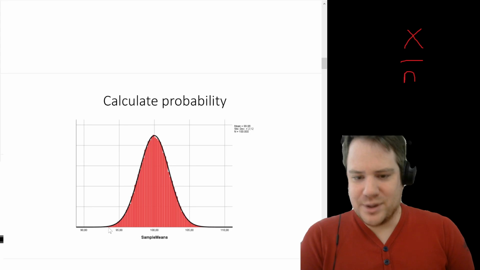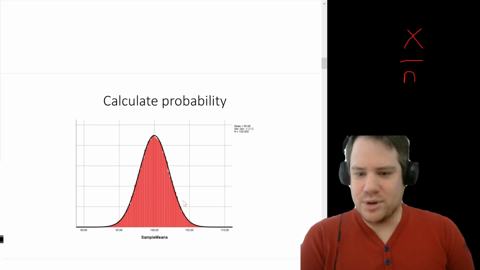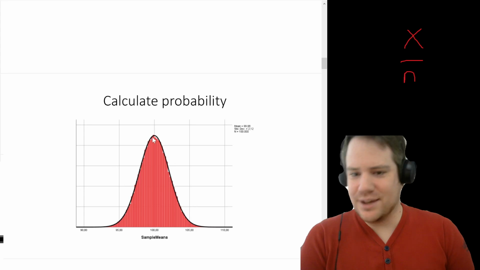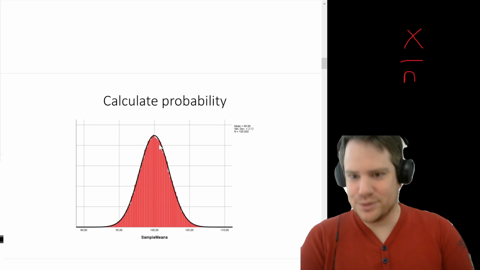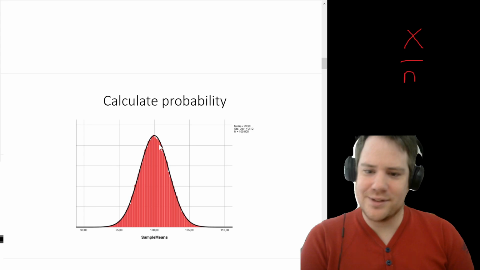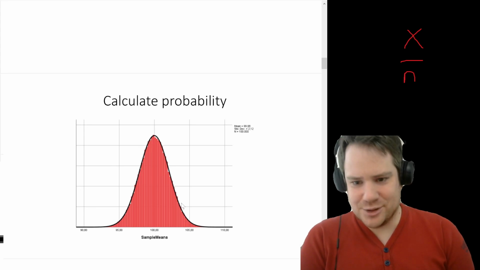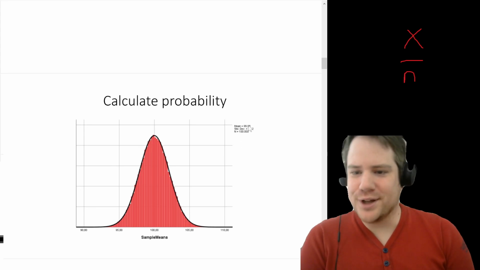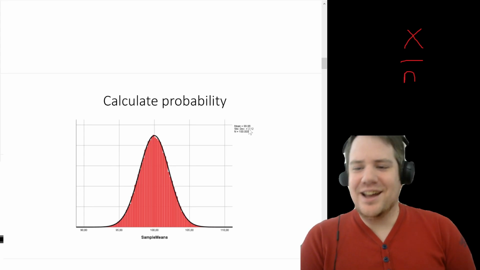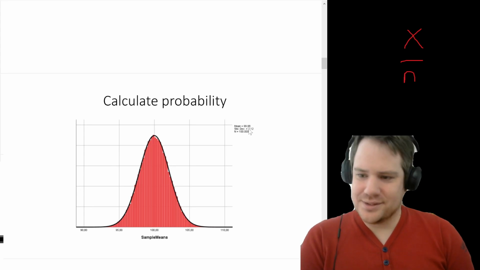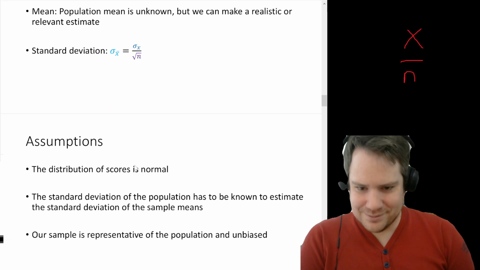And I registered all of them, and I just reported what exactly the sample means were and how they were distributed. Okay, good. So if you actually did take 100,000 samples and you recorded all the sample means, this is what you'd end up with. Now you can see that this is a normal distribution and that it has a mean of 100 roughly, and that the standard deviation is following this formula.